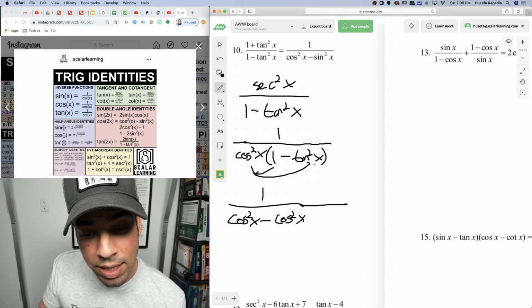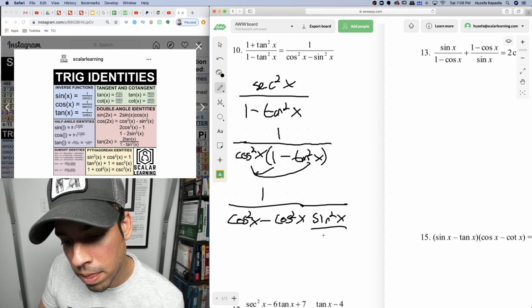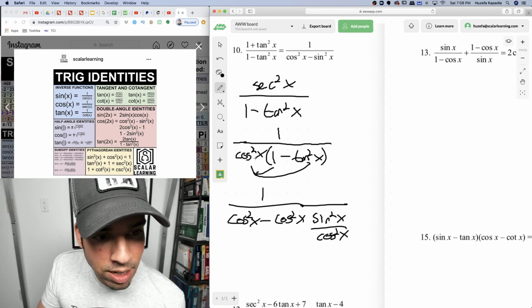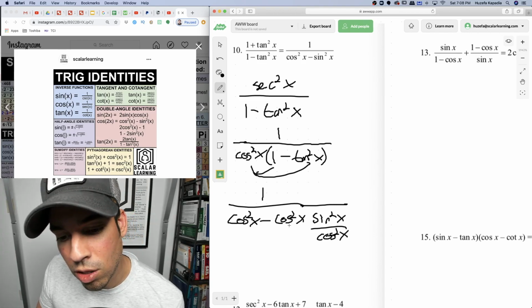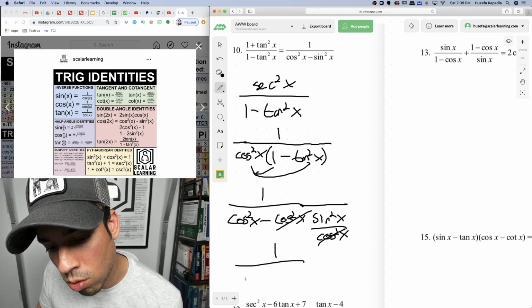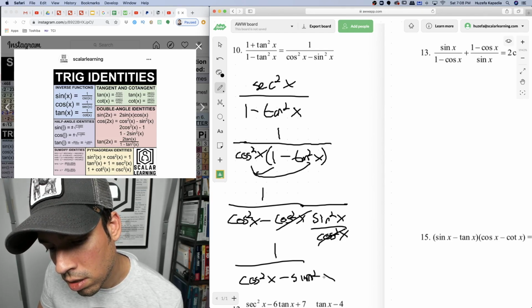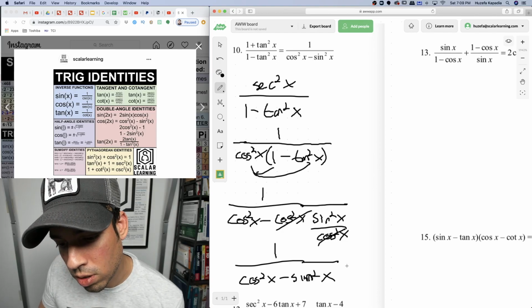But I'm going to rewrite that tangent squared x as sine squared x over cosine squared x, because that's an identity that's perfectly legal. And then look what happens. Boom, boom, those guys cancel out, and I have 1 over cosine squared x minus sine squared x, and we're done.